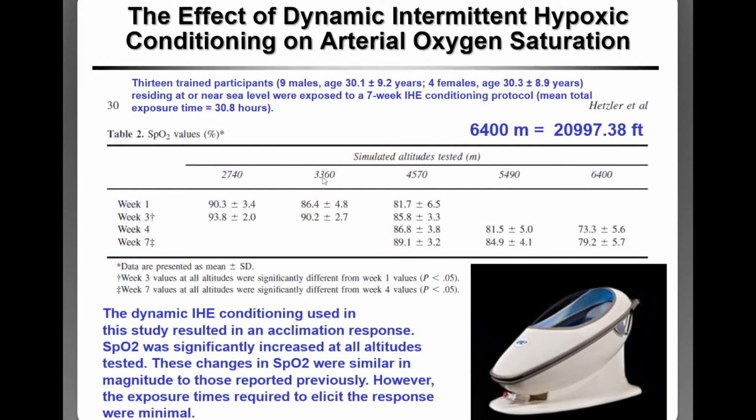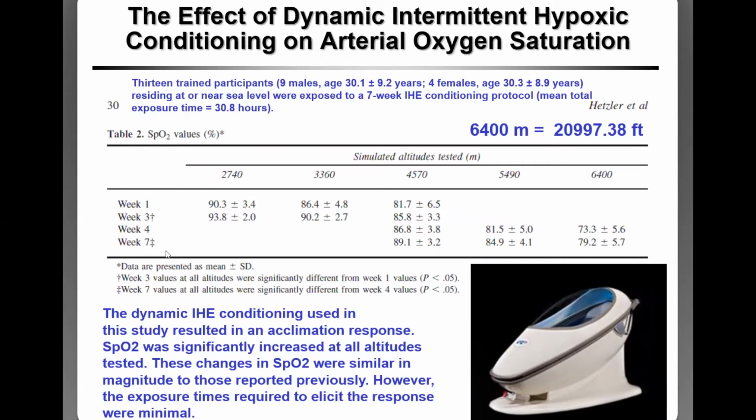So what this table is showing is that at these different altitudes, there is an apparent decrease in oxygen saturation, whereas normal O2 sat is 97 to 98%. So you can see as we move to altitude, O2 saturation drops.